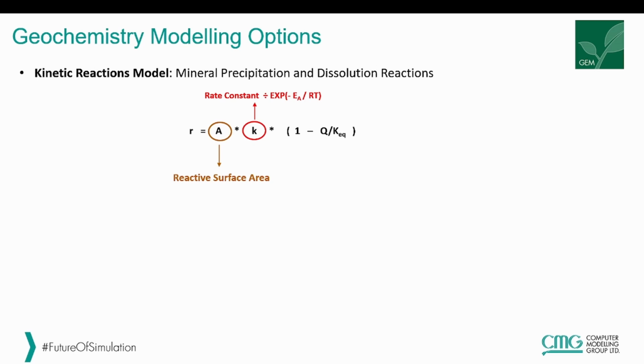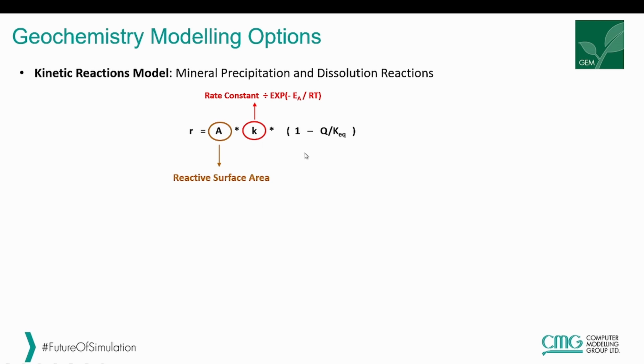The second parameter is the rate constant of the reaction, which is proportional to the activation energy divided by temperature in the exponential factor here, and you will recognize here an Arrhenius type model for the rate constant, which we adopt also in CMG.